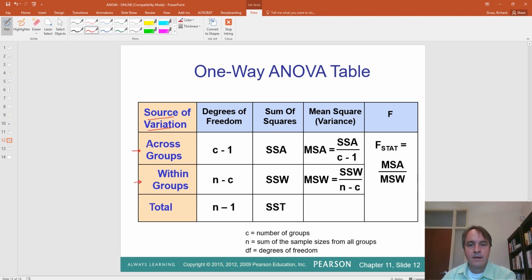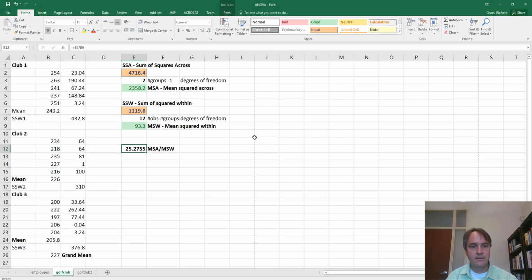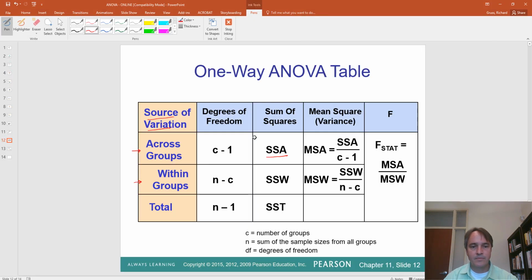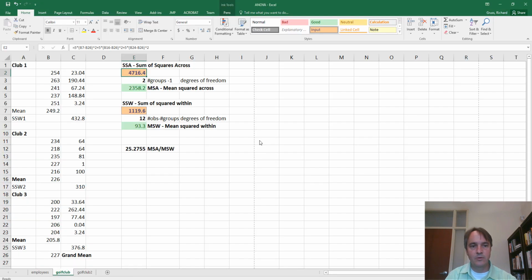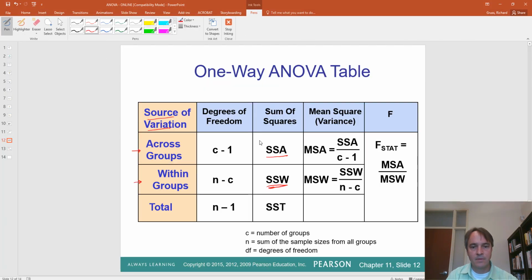Okay, so let's look over here. We calculated sum of squares across, and we did that here, and we calculated the sum of squares within, so how much variation is there within each group, and we did that here, this orange one. And over here, they wrote down, for our reference, the degrees of freedom.